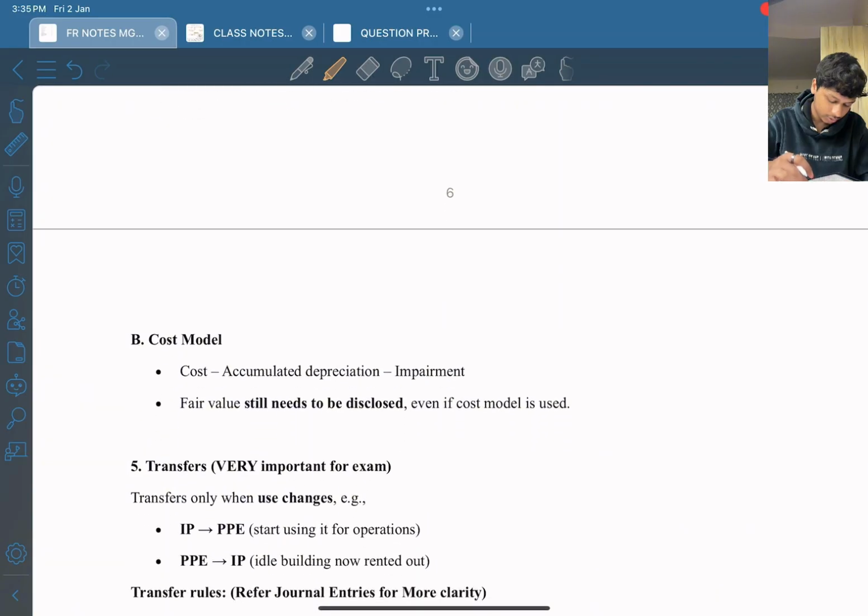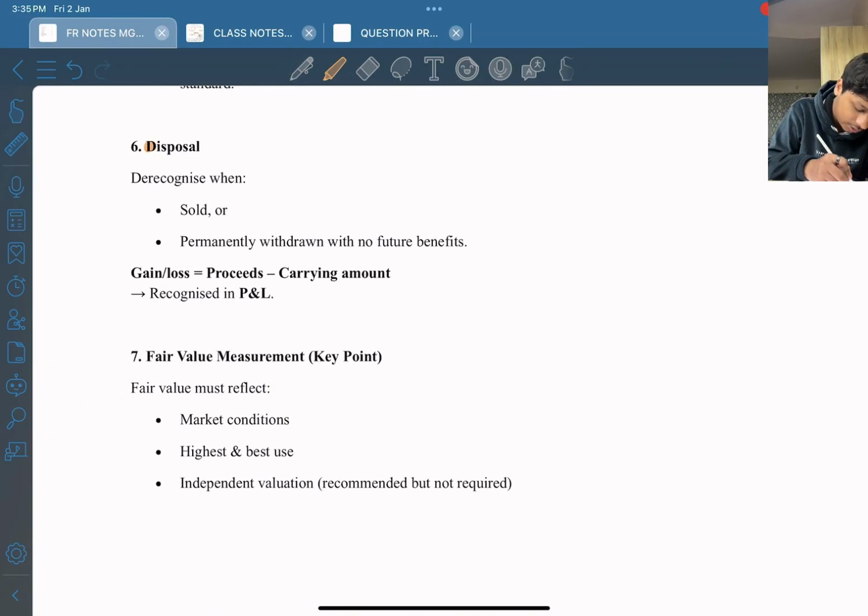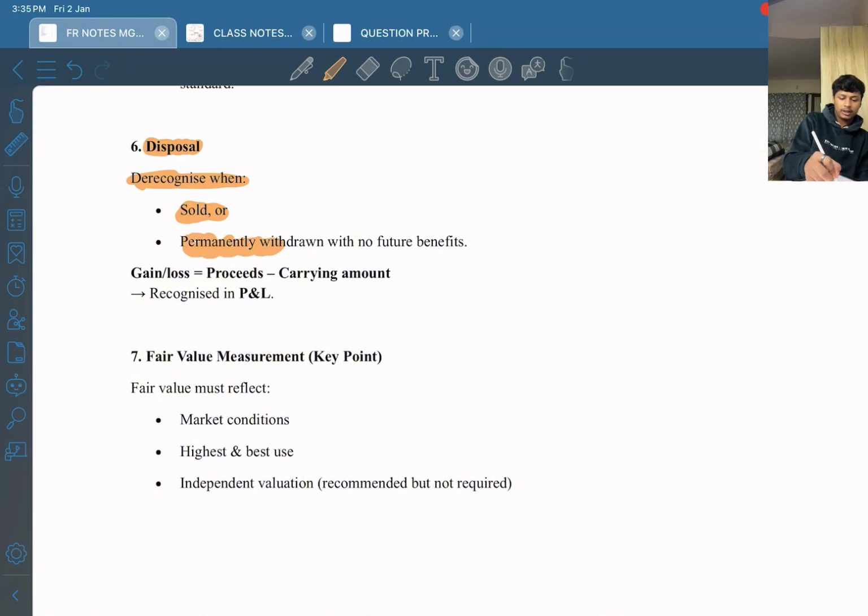Now moving on to the disposal part. The disposal of investment property. So we will be de-recognizing investment property when it is sold or it is permanently withdrawn with no future benefits. The gain or loss will be recognized under P&L.